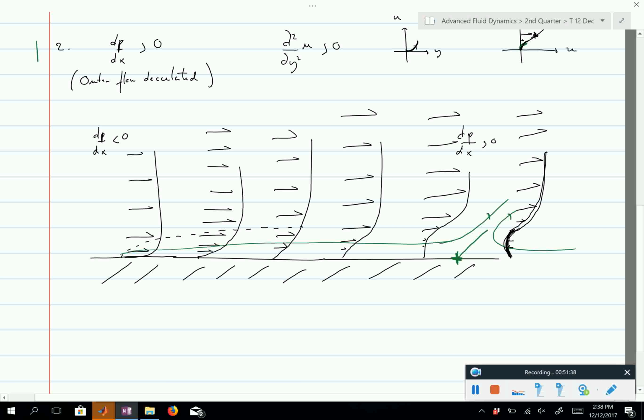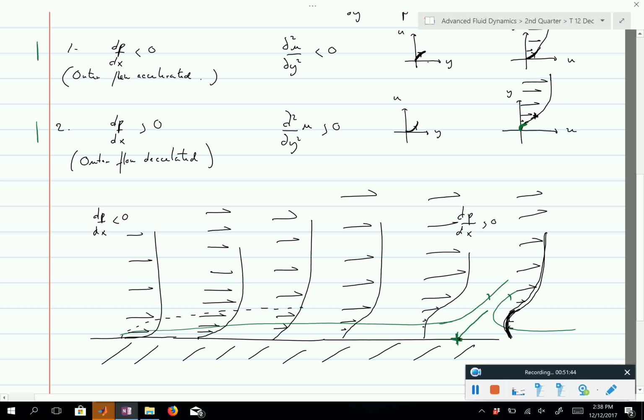Yeah. So at some point, because you have an inflection point, you do have an inflection point here. What's going to happen is that this slope is going to become infinite, if you want. At that point, essentially, you have separation. If you solve your boundary layer equations further, on the other side of that point, you would see that initially the velocity is actually negative.